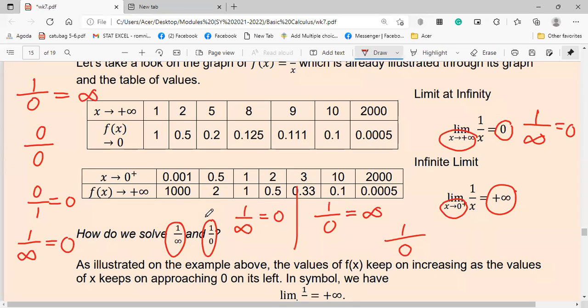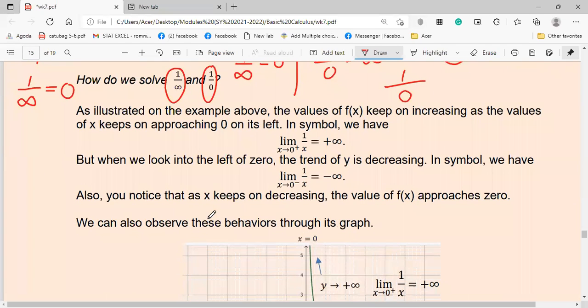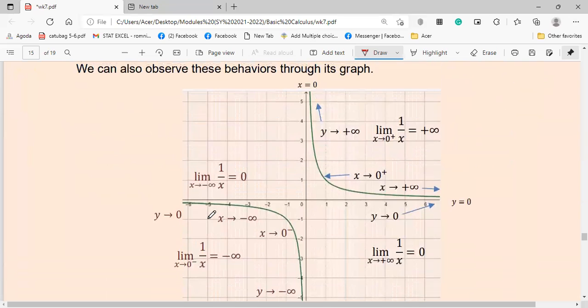That's introduction. Now, doon sa illustration, ito yung pinapakita ng illustration. No? In-increase mo ang x papunta sa 0 from the right. Mag-i-increase ang y. Din-decrease mo ang x papunta sa 0 from the left. Magdi-decrease ang y.